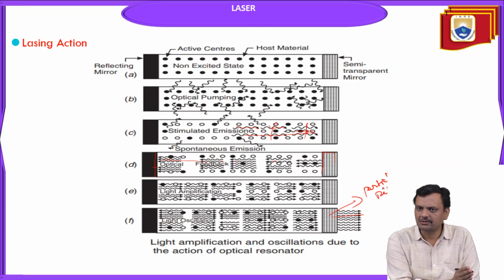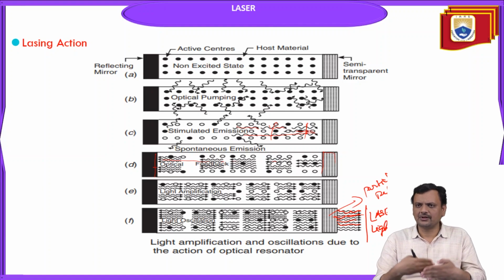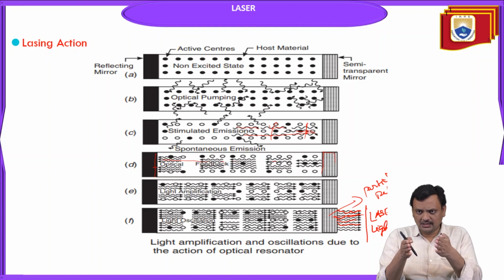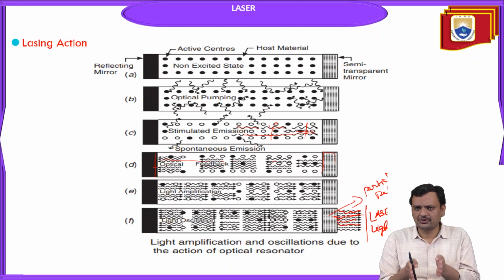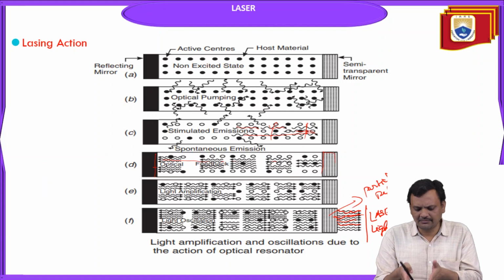So some part will be reflected, some part will come out, and this outcoming light will be your laser light. So these are the processes due to which you can get laser light, and these are the lasing action, or lasing mechanism.